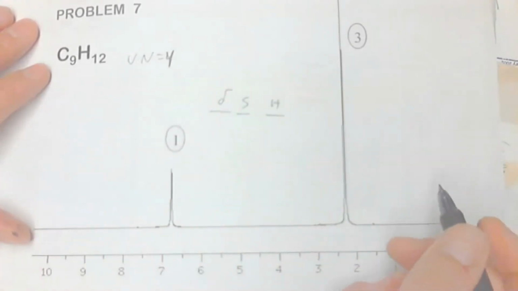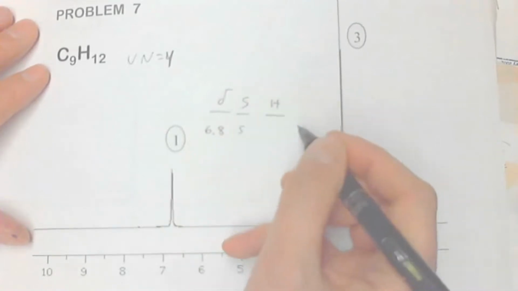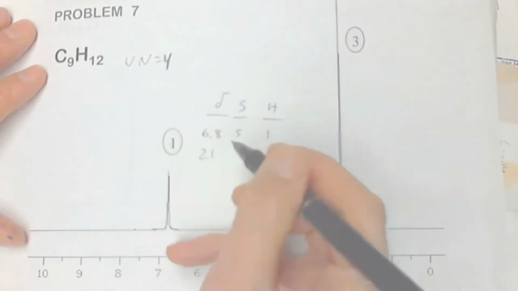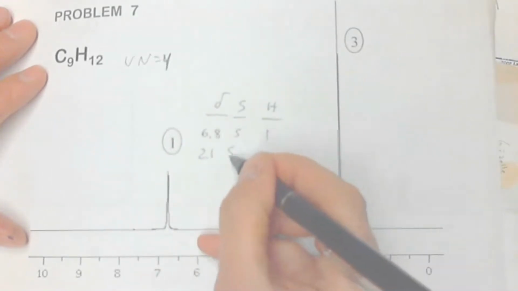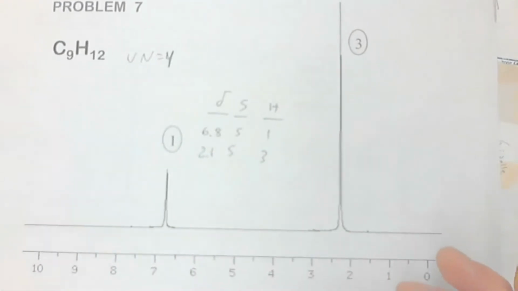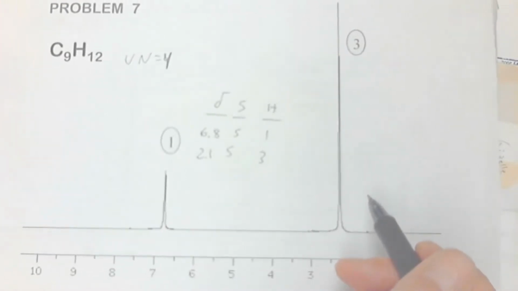Delta, splitting, H. So 6.8, singlet 1, weird. 2.1, singlet 3, okay, we're cool. And yeah, somebody said, oh, the ratios, and you're exactly right. This is that ratio issue. Remember the ratio issue we had?